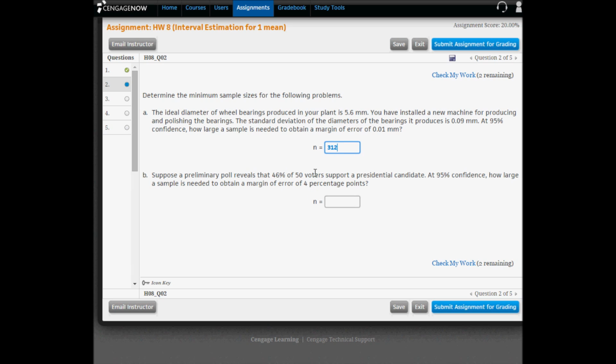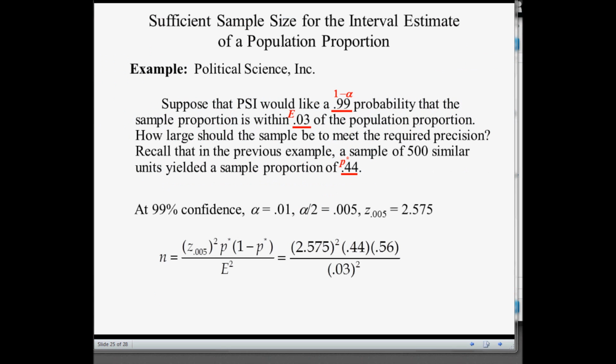So our margin of error is 0.04. When determining the minimum sample size for a proportions problem, the equation is a little different. You have your z-value squared, multiplied by p times 1 minus p. In a proportions problem, p times 1 minus p can be thought of as sigma squared. And you divide that by the desired margin of error squared.